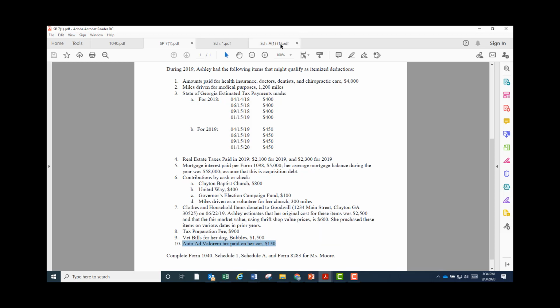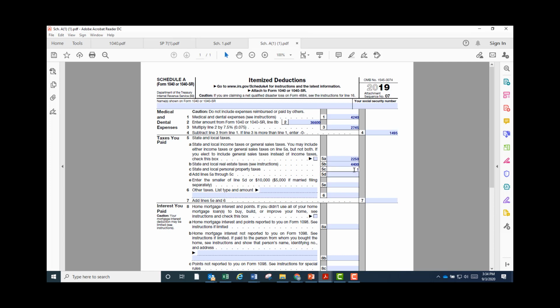So populate 5C, $150. 5D is just the sum, which totals $6,800. Carry down to 5E. And then line 6, none, so line 7 is $6,800. That's the total for the taxes paid to itemize.